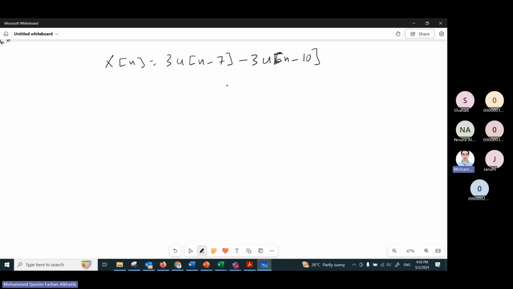Looking at this one, start by doing this. How much is the shifting? Shift by how much? This is the value of the shift, that is 7. What is L? The length is 10 minus 7, equal 3.